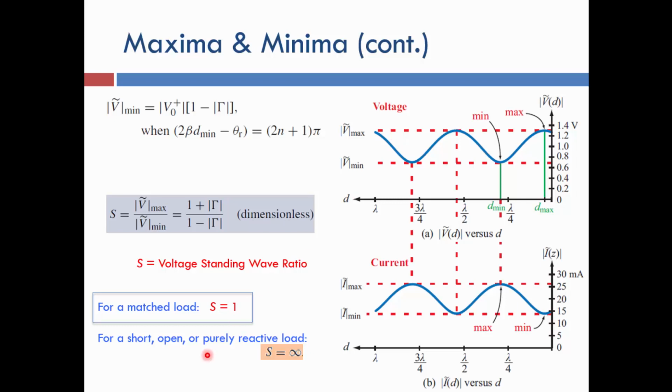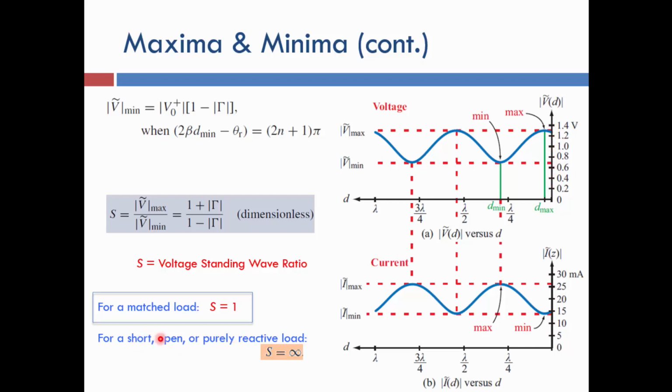But if reflection occurs, S will be larger than 1, and it could be infinity if all power or all voltage is reflected, such as if we have a transmission line terminated by an open circuit or short circuit.